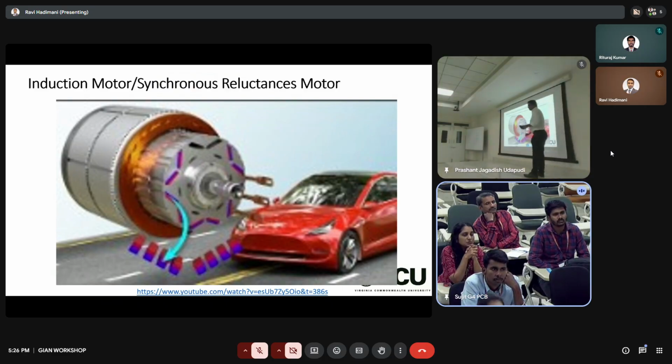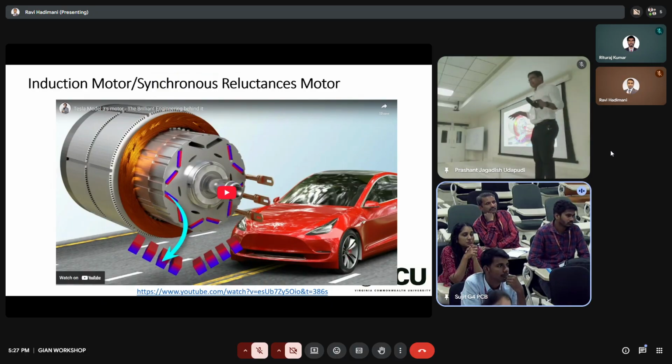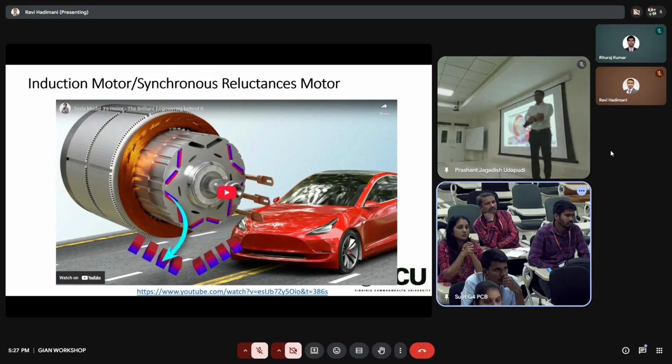Okay, how many of you have driven electric cars? Yeah. So in an electric car, you get instant torque, right? Just press the gas pedal. You don't call it a gas pedal; it's an acceleration pedal because there's no gas.